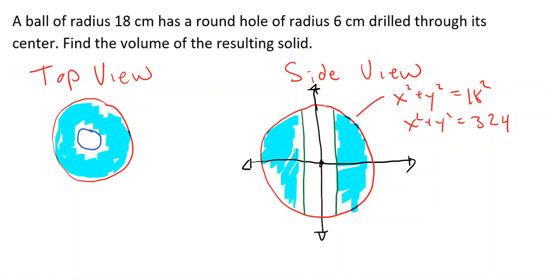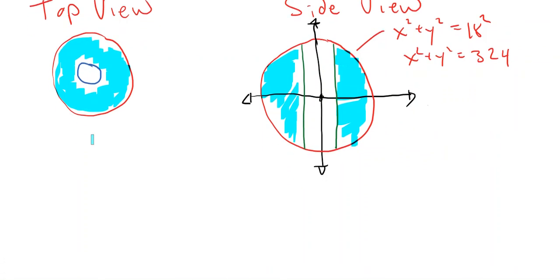Now, it would be easier to just take a look at the half of this. So again, from the side, let's just take a look. The y-axis and the x-axis over here.